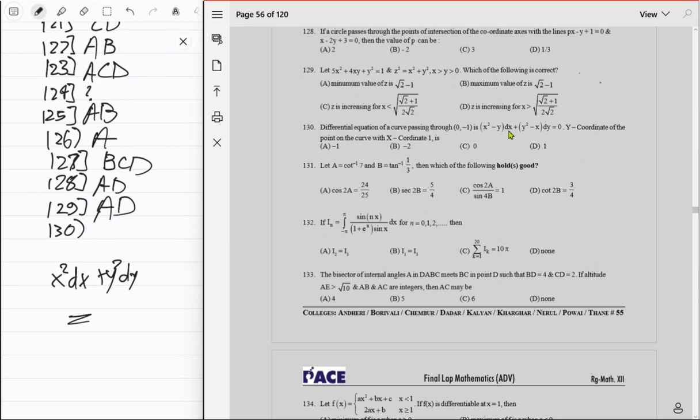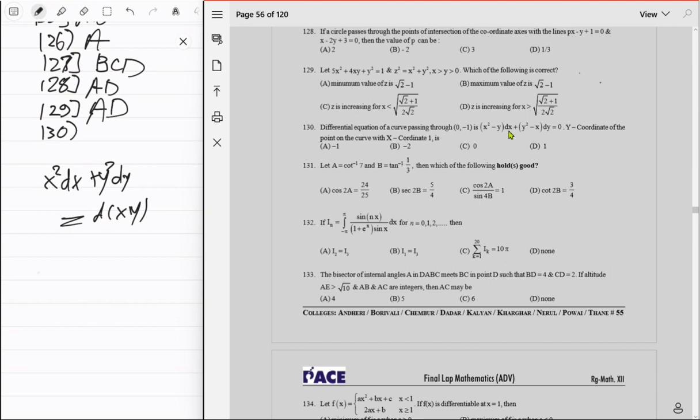Okay, y dx plus x dy. That is like d of xy, right? Yeah, so x cube plus y cube is equal to 3xy plus some kind of constant. That explains it. Okay, so it passes through 0 comma negative 1. So when x is 0, y is just negative 1.